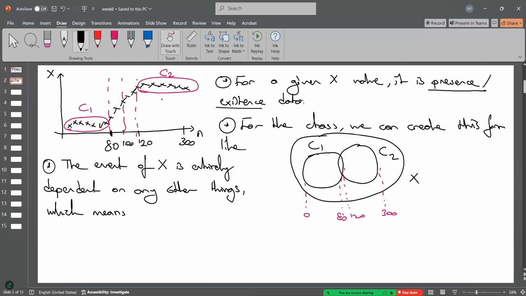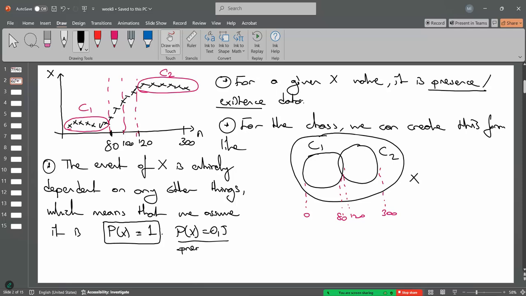Which means that in order to analyze the C1 and C2, we need to assume that Px is equal to 1. But if we know the Px, for example, 0.5, this is the precondition. But if we have only information about the x for a given class, then Px must be equal to 1. Okay?